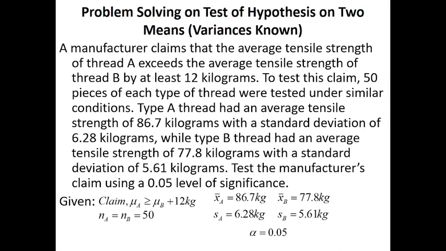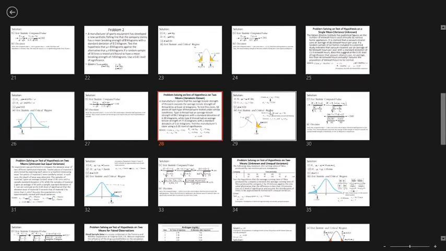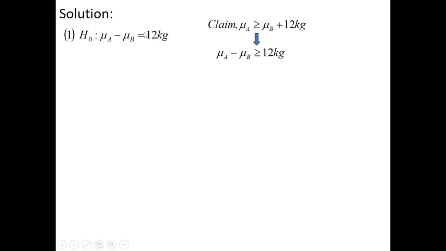For the null hypothesis, take note, we always use the equal sign. So that's why we have mu sub A minus mu sub B equals 12 kilograms.